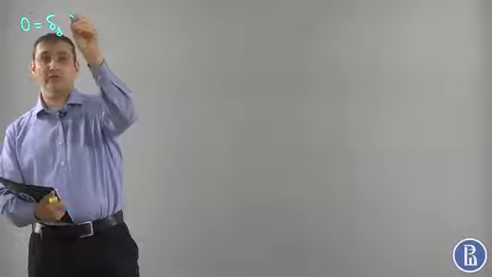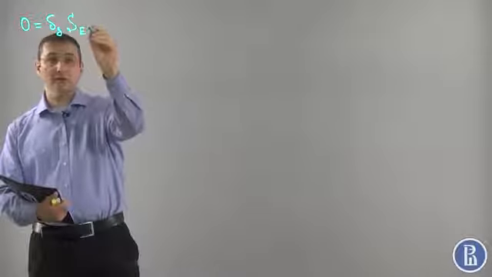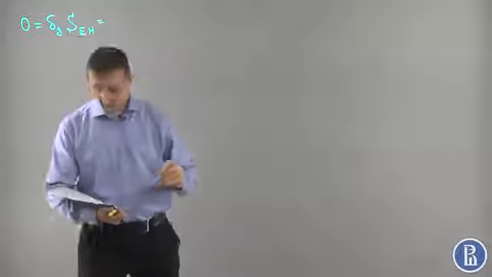So just to stress again where we are in our derivation. We are looking for the first variation of the Einstein-Hilbert action and want to put it to be 0.